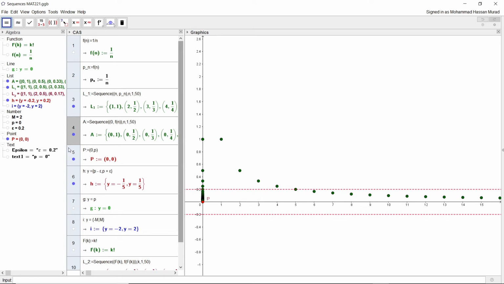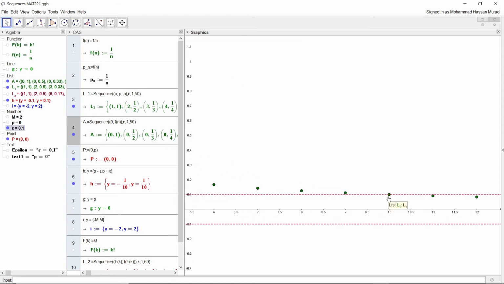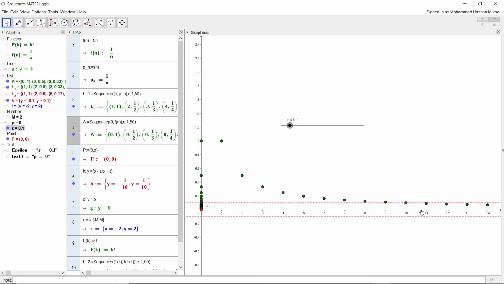Now for a different choice of epsilon, for example even smaller, if we take epsilon as 0.1, then we see that, if we zoom in enough, the 11th term and onwards are falling within these two dotted lines defined by the equations y equals 0.1 and y equals negative 0.1.